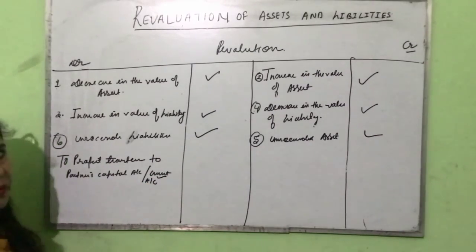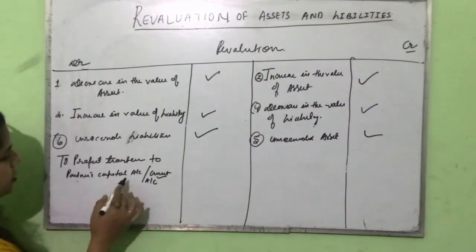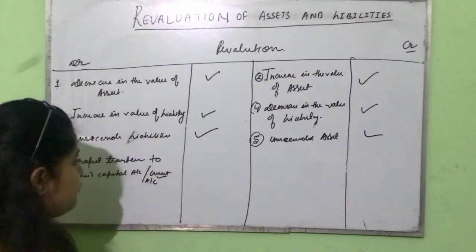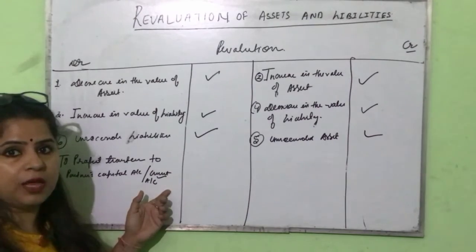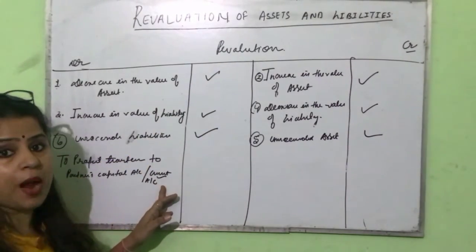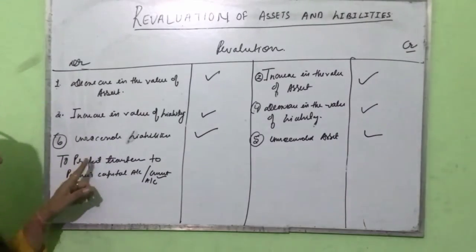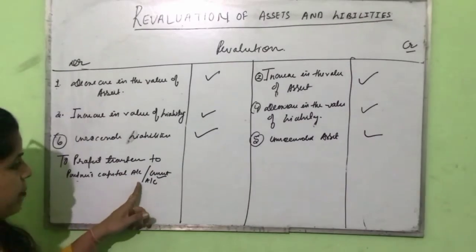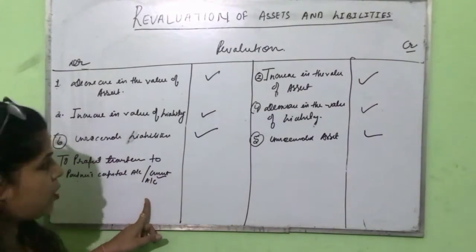We write partners capital account when we are following the fluctuating method. And when we are following the fixed method of preparing partners capital account, then this revaluation profit will be transferred to partners current account. So the profit is transferred to partners capital account or current account.